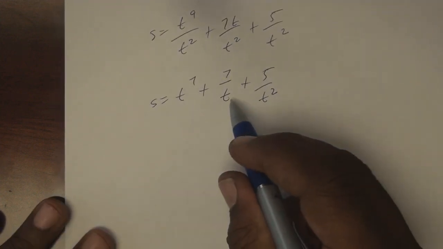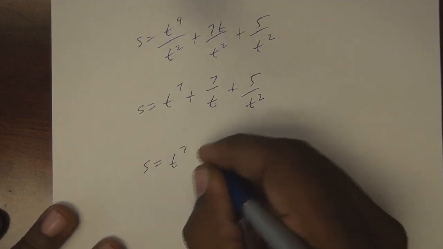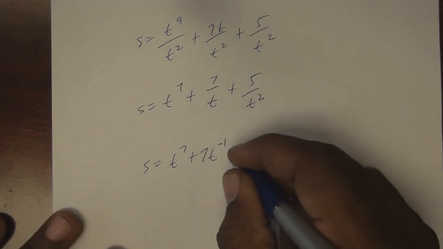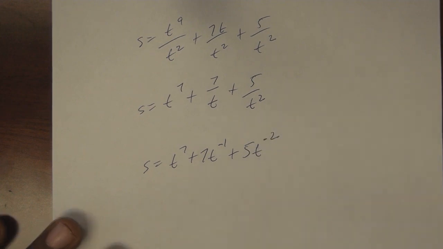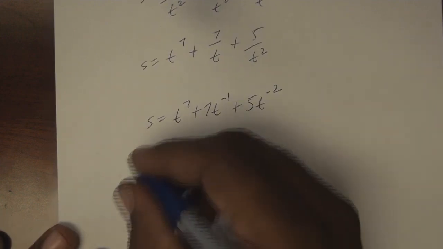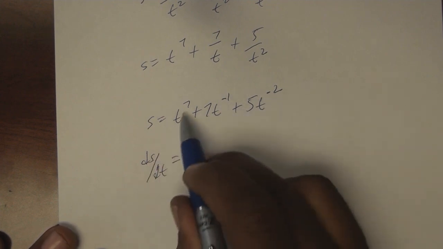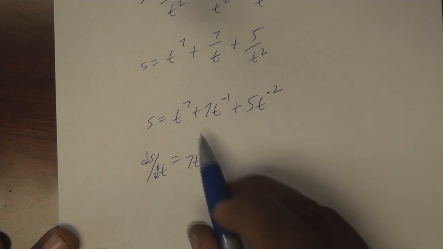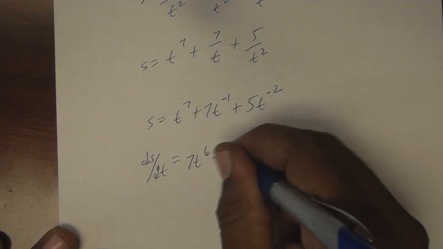Next, I'll use the negative exponent rule. So we have t to the 7th power plus 7t to the negative 1st power plus 5t to the negative 2nd. We'll now take the derivative with respect to t. So we'll treat 7 as a multiplier. We'll subtract 1 from our exponent. We'll treat negative 1 as a multiplier.